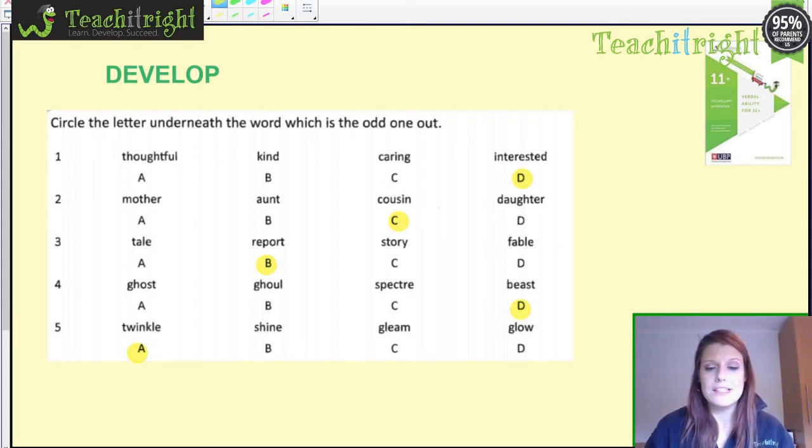Number 4, this is beast. The others, ghost, ghoul and spectre, are all synonyms. They mean ghosts. And twinkle, shine, gleam and glow. The answer here is twinkle because the others are steady forms of light, whereas a twinkle flickers.